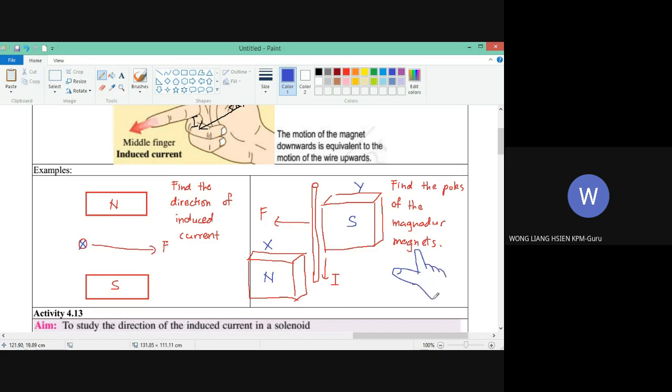And then this finger, like this. That means this finger points downward. So this is current. This is force. This is the direction of the magnetic field. This is your Fleming right hand. Okay or not?